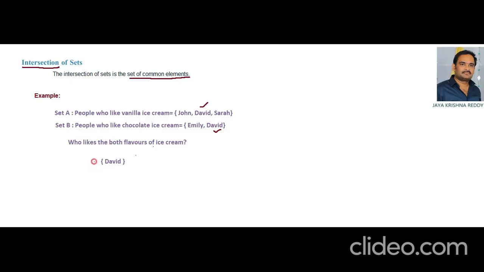So this is nothing but the intersection of set A and set B. So intersection means the set of common elements of the given sets. Here set A and set B, David is the common element of these two sets. So we can write A intersection B is equal to David. This is the symbol to denote the intersection. So this represents A intersection B.